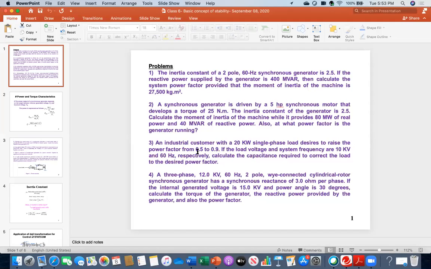Therefore, everybody see, this is the old power factor, 0.5, or the original power factor. Now you are improving to 0.9, and that is 10 kV and frequency 60 hertz, and I am using that 20 kilowatt that you noticed. So everybody just remember these two numbers. Power factor old was 0.5 and new was 0.9. Now utilize those two to calculate the capacitance value.